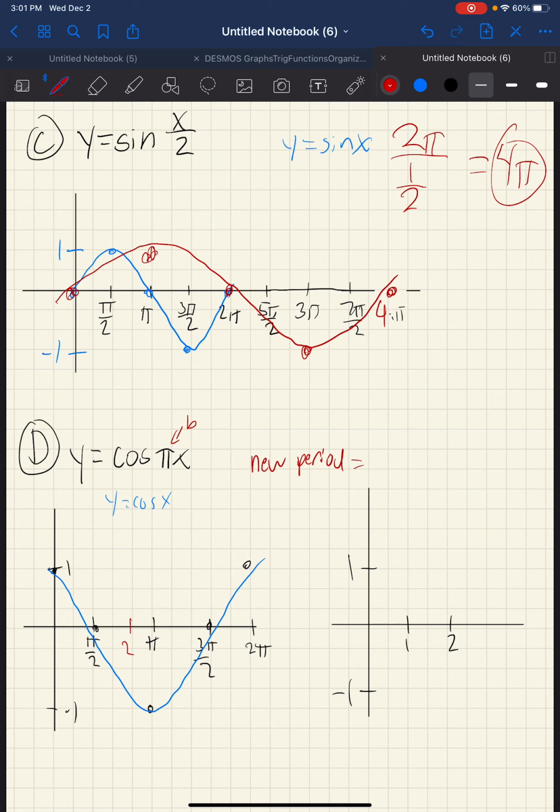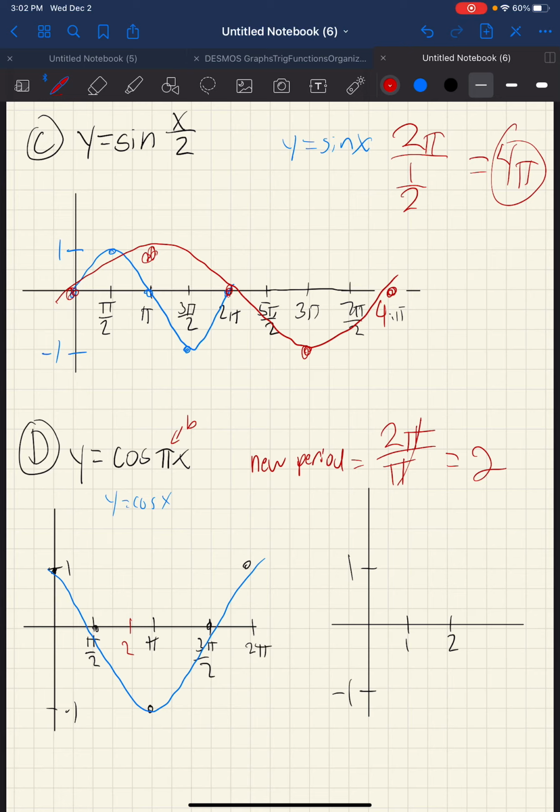Alright. Now this example is a little different. You see it's y equals cosine of pi x, but now our b is pi. So that means that our formula will be 2 pi divided by pi. That will cancel, and then we will get 2 as our new period.